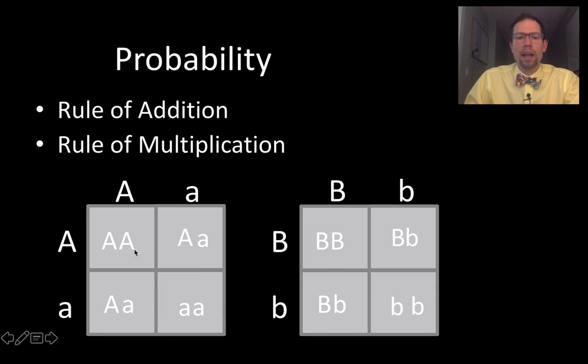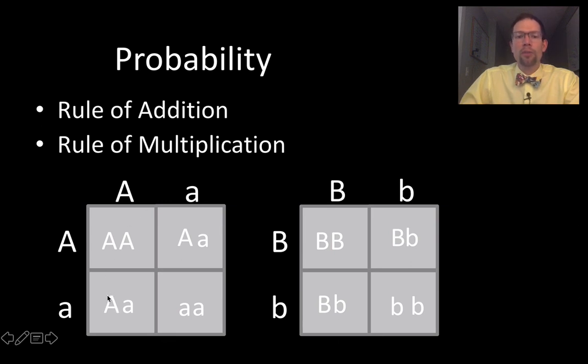So big A, big A has a 1/4 chance of happening, and the big A, little a has a 1/2 or 2/4 chance of happening. So the chances of me getting a dominant phenotype is going to be 1/2 plus 1/4, or 2/4 plus 1/4, so 3/4.